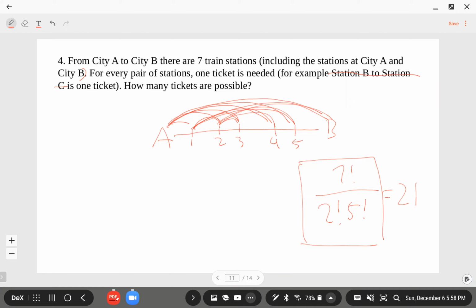A can make 6 pairs because it's not including itself. So it's basically going to be 6 plus 5 plus 4 plus 3 plus 2 plus 1. Now, what is that? 7 times 3, that'd be 21. Yep, and that is going to be 21.